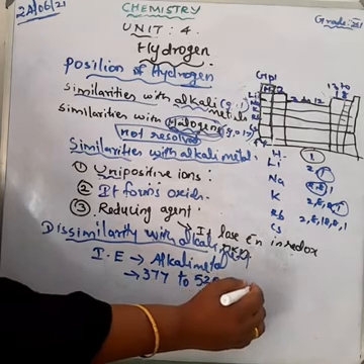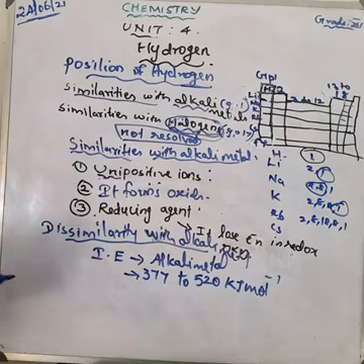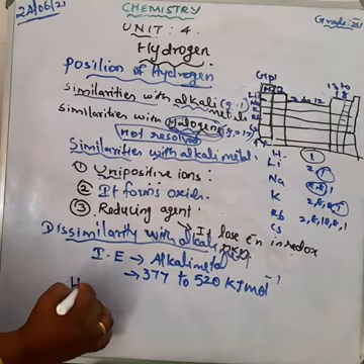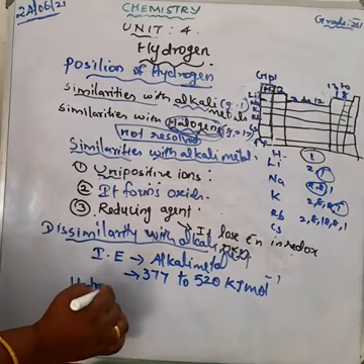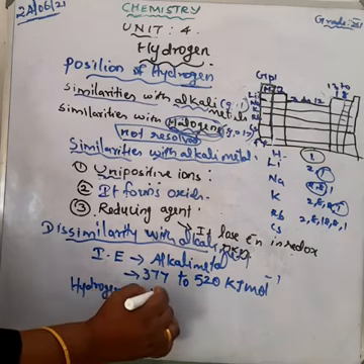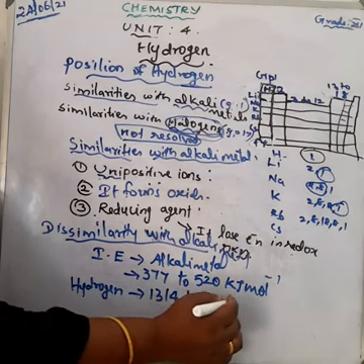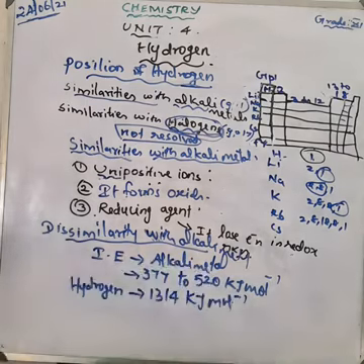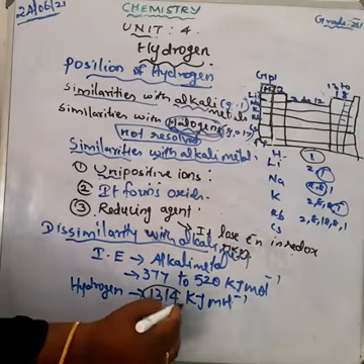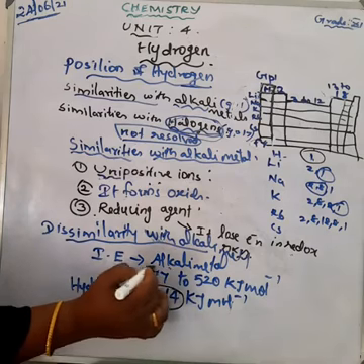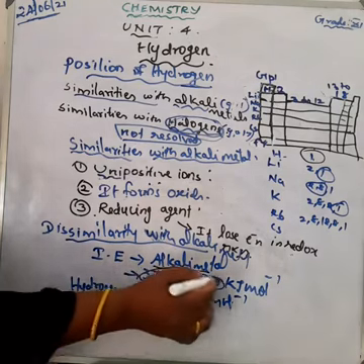But hydrogen has 1314 kilojoule per mole ionization energy, which is much higher than the alkali metals. Why?